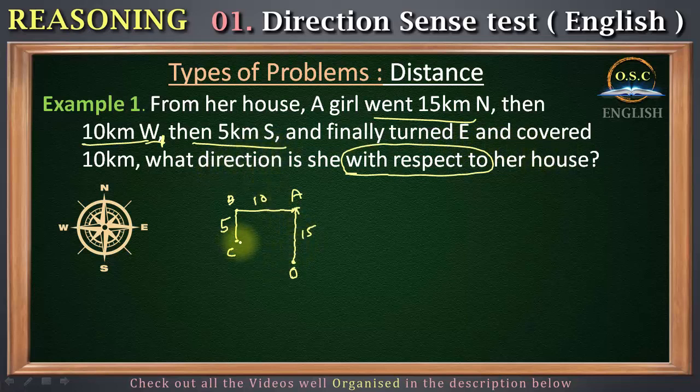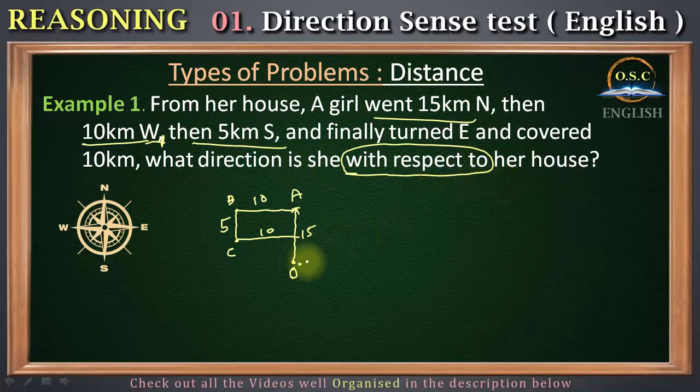So finally she turns towards east. Which direction is east? This direction. If she is here, the east will be to the right side, and covered a distance of 10 kilometers. Because this is 10, even this is 10, so length has to be same. All right. So what direction is she with respect to her house?